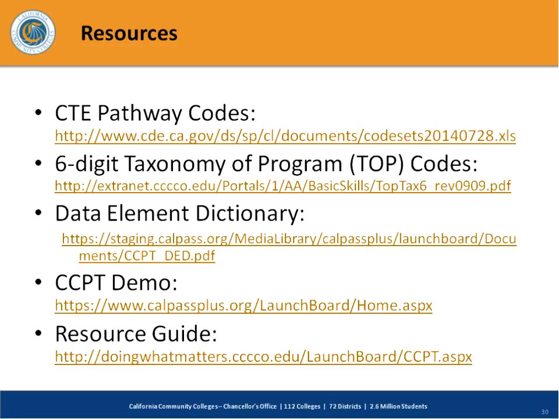So to be clear, the LaunchBoard is a tool that's been built in CalPASS Plus by the Chancellor's Office. The intention is to use it to support CPE reporting. What the Chancellor's Office realized was that so many of the community college grantees were also part of the CCPT grant consortia and were being asked to track things that are very similar to what CCPT is asking for, and what the Doing What Matters framework for the community colleges is asking for is very similar.